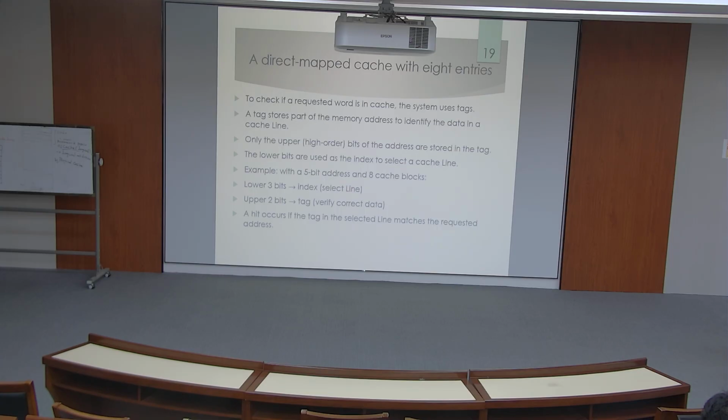For example, if we have a 5-bit address and 8 cache lines, we need 3 lower bits for the index, to select the line in the cache. Then the upper 2 bits are used for the tag to verify if the data is correct or not.